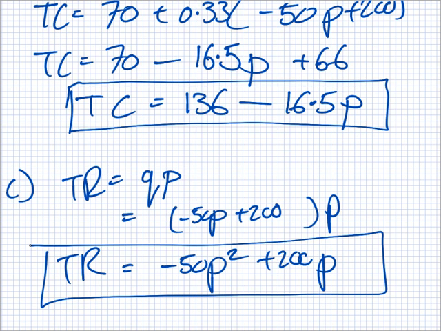Now, what should happen if I set the price to be €4? No, this is the revenue, the money that you take. Why? Nobody buys it at €4. So, let's put in €4 here. 200 times 4 is 800, isn't it? And then 4 squared is 16. 16 times 50 is minus 800. Minus 800 plus 800 is 0.